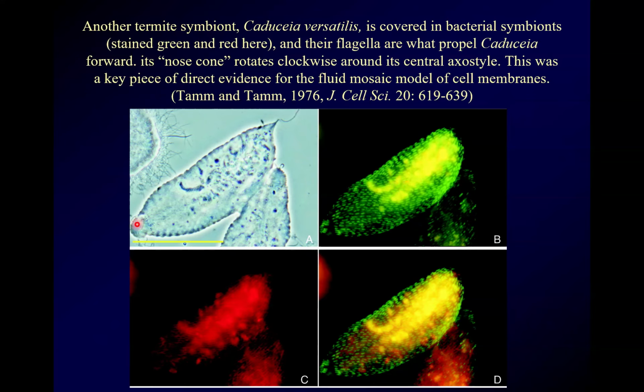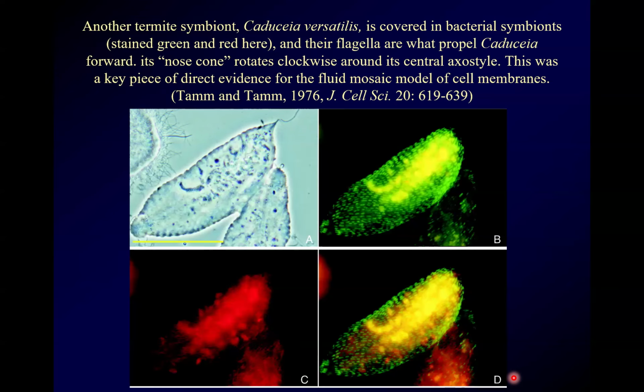So you have a light micrograph up here at the upper left, and then at the upper right, you have all of these green dots. You have those red dots right there, and then at the lower right, that's a composite of all three pictures. Those dots are bacteria that cover the outside, and it's the beating of the bacterial flagella that enables Caducea to swim.